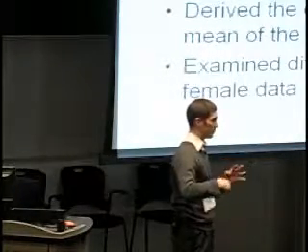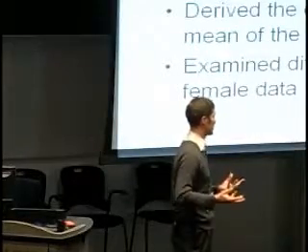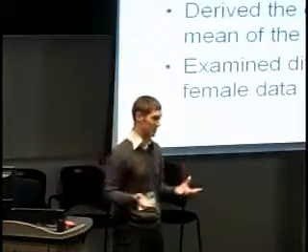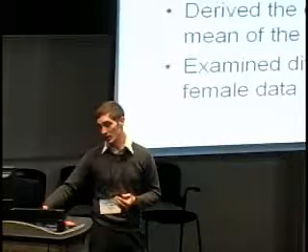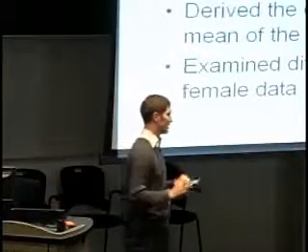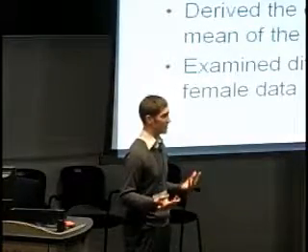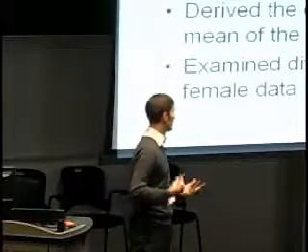Then we choose the best fitting topologies, and we take an average of all those topologies to form an estimate of the expected topology, which is what I'm going to talk to you about now. We examined two data sets, male data and female data, and if you look at the two average graphs, the expected topologies of male data and female data, we can begin to infer some differences between the two.